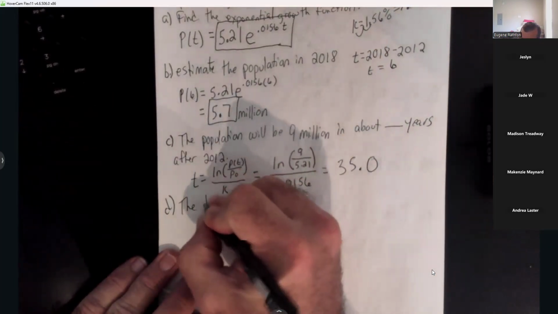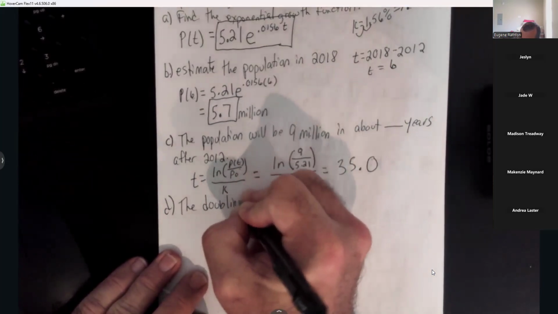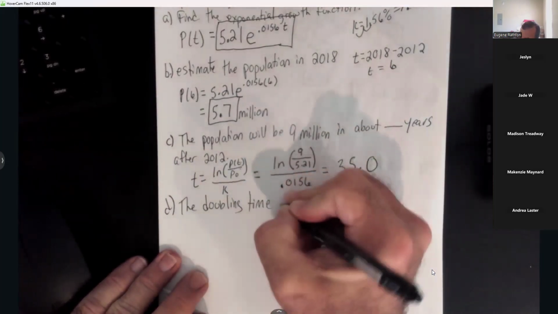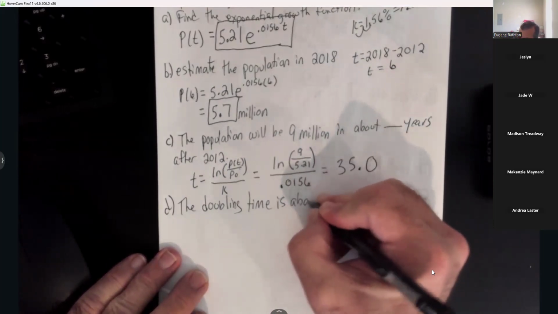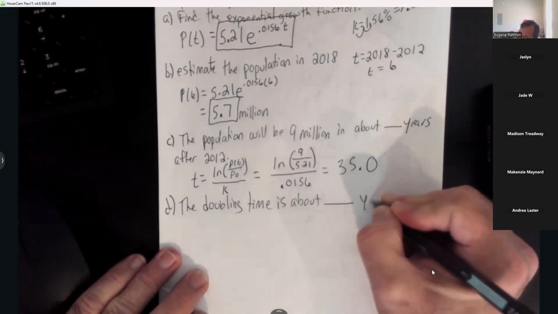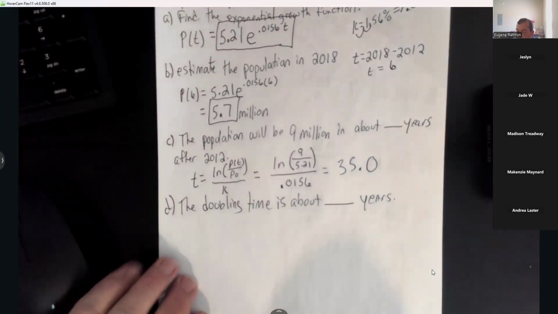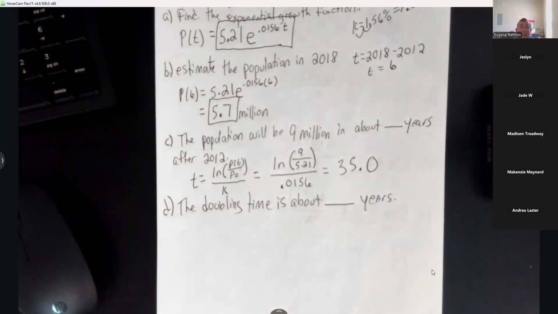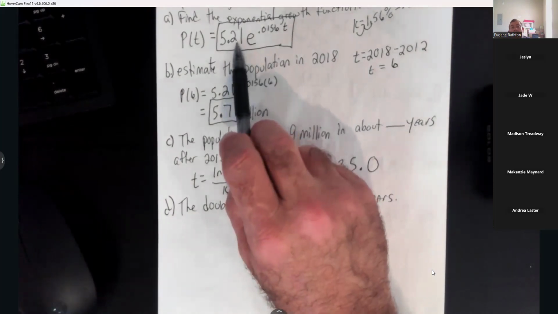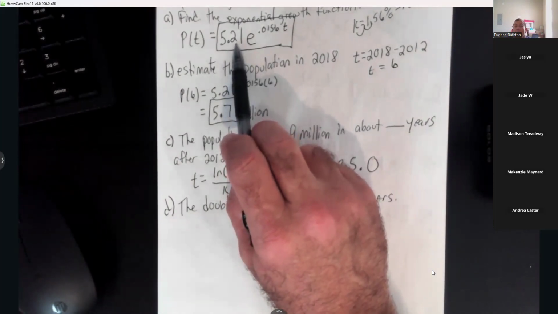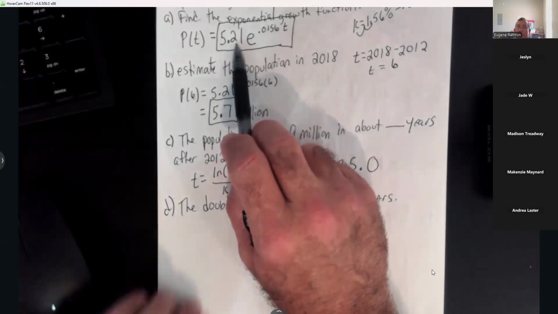So the doubling time is about blank years. Remember, doubling time is the amount of time it takes for this 5.21 to double and be 10.42. Okay.